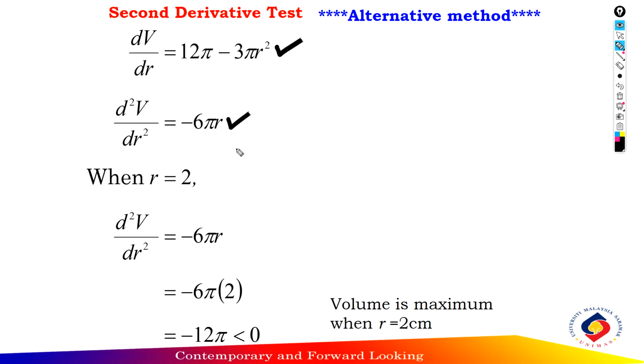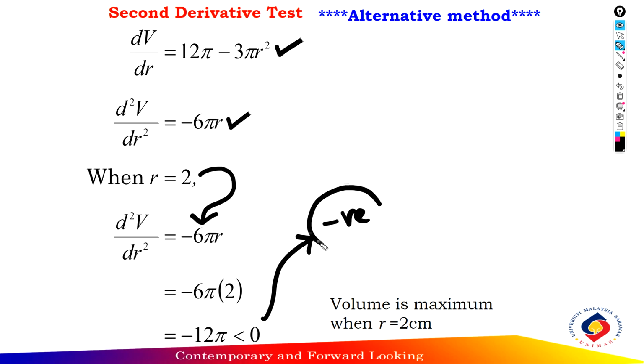The radius equals 2 centimeters, so you substitute into the second derivative and the answer equals negative 12π. So the sign of the second derivative is negative, and the conclusion is a relative maximum point. So the volume is maximum when the radius equals 2 centimeters.